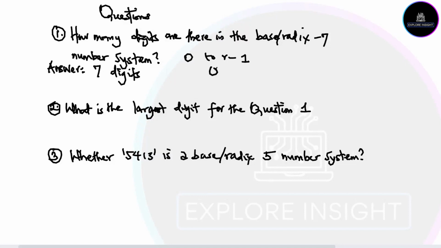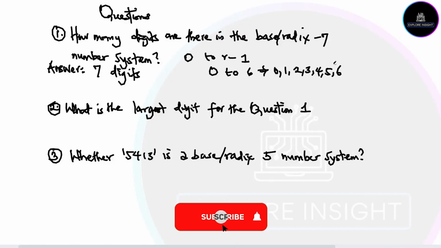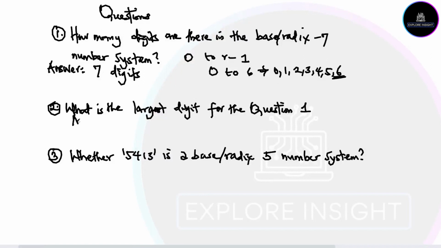So we are going to have 0 to 6: 0, 1, 2, 3, 4, 5, 6. And if you count, it's 7 digits. So what is the largest digit from question 1? The answer will be 6.